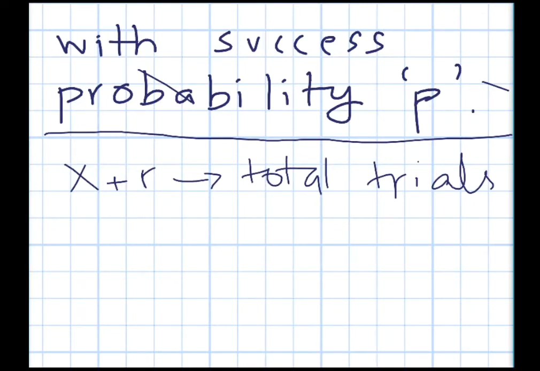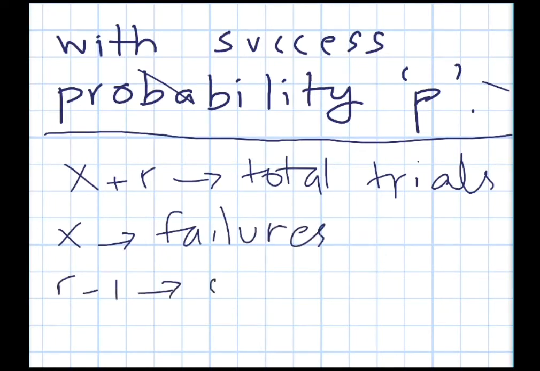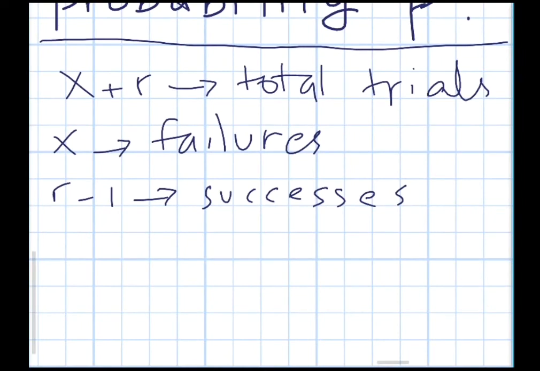In x plus r minus 1 trials, we want x failures and r minus 1 successes, and we don't care about the order here. So the number of ways in which this can happen is x plus r minus 1 choose r minus 1.